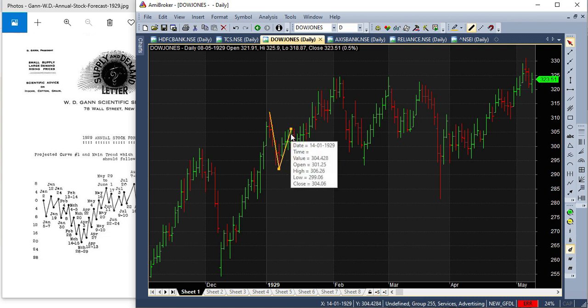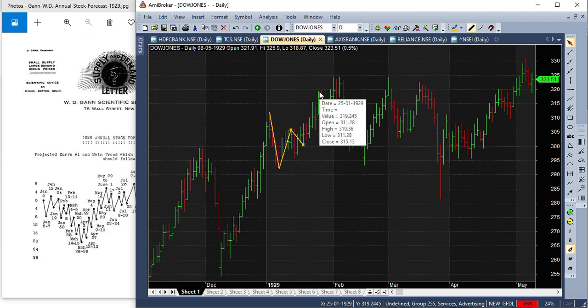Then he forecasted January 19th will be the low. We have a low here on 18th. Then he forecasted 24th of January will be the high, and we have a high here on 25th. We can take that. Then he forecasted January 30th will be the low, and we have a low here on January 30th.